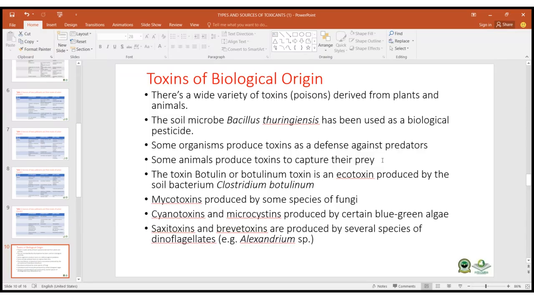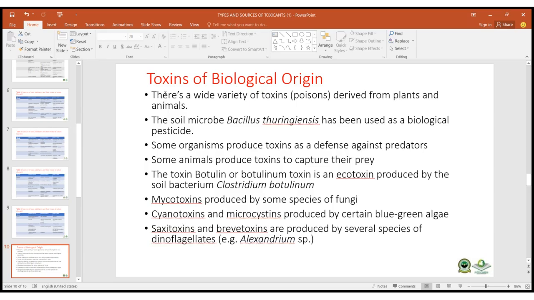Then we have the toxin that comes from the organism Clostridium botulinum. The toxin it produces is known as botulin or botulinum toxin.